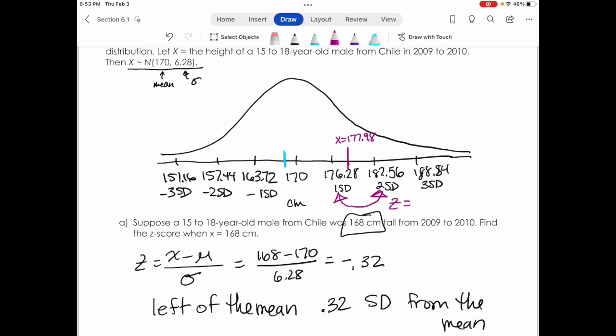And so z was given to us as 1.27. So when x, our raw data, is 177.98 centimeters, that means z is 1.27, which tells us a little bit more than 1 standard deviation above the mean.